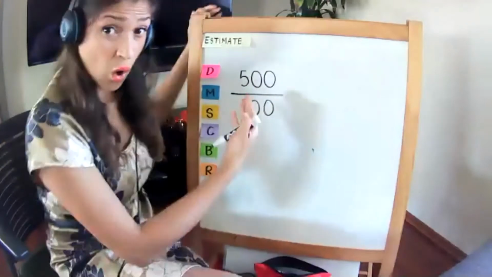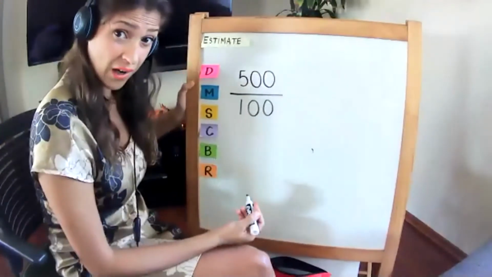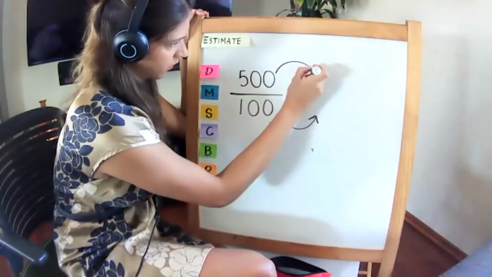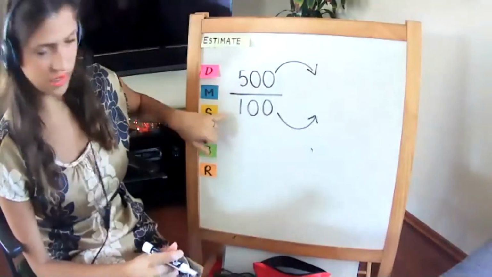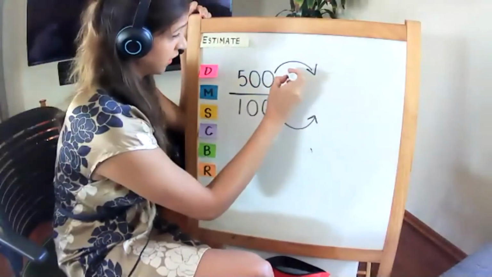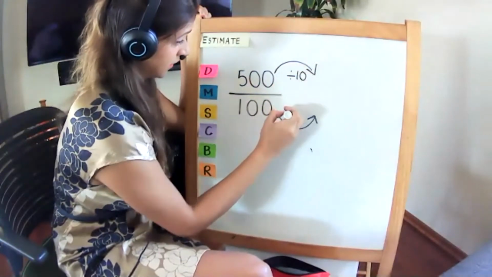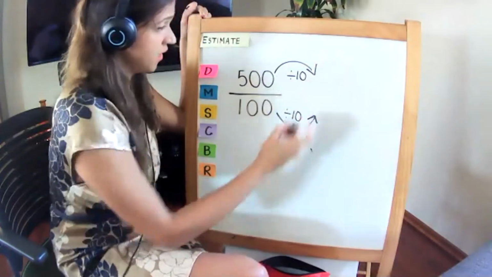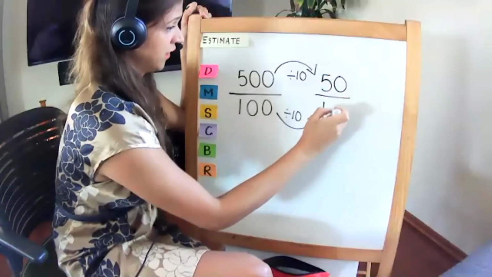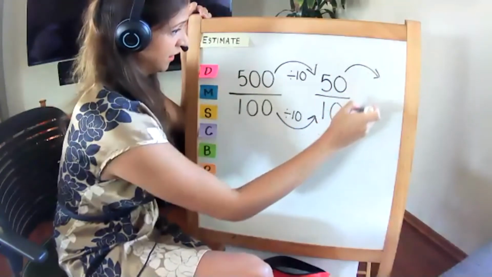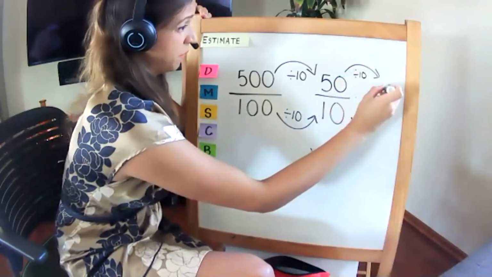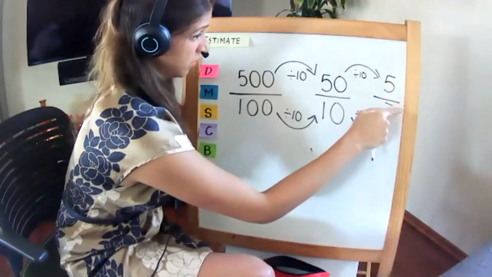Exactly, it's 5. When we look at equivalent fractions, we are dividing our numerator and denominator by the same amount. So 500 over 100, let's say we divide it by 10, would be 50 over 10. If we divide by another 10, it'll be 5 over 1.